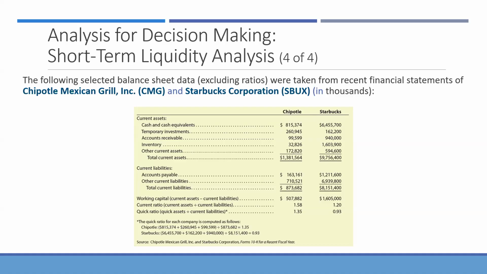Current ratio, Chipotle has a higher current ratio and a much higher quick ratio. Notice that the quick ratio is computed off of cash, temporary investments, and accounts receivable, not inventory or other current assets. Chipotle has less working capital, but that's because they just have in total less current assets and less current liabilities.